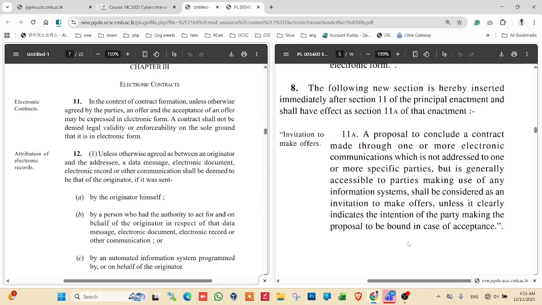And now most of us don't like to go to these companies and shops. We would rather do it over the phone or over the app, right? So in that case, we are going to have more and more people inviting offers, providing offers to parties. So unless we specify some condition, we have an invitation to treat.